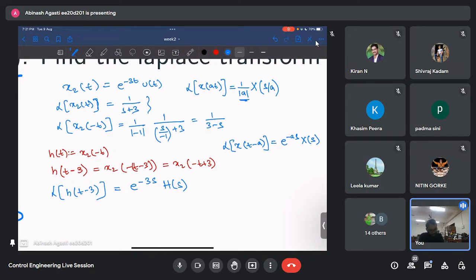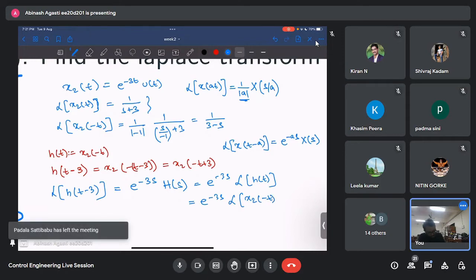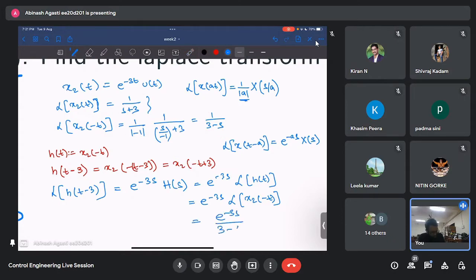Now, h of s is the Laplace transform of h of t, which is Laplace transform of x2 of minus t. And that thing we had here. So, this will be e to the power minus 3s by 3 minus s.